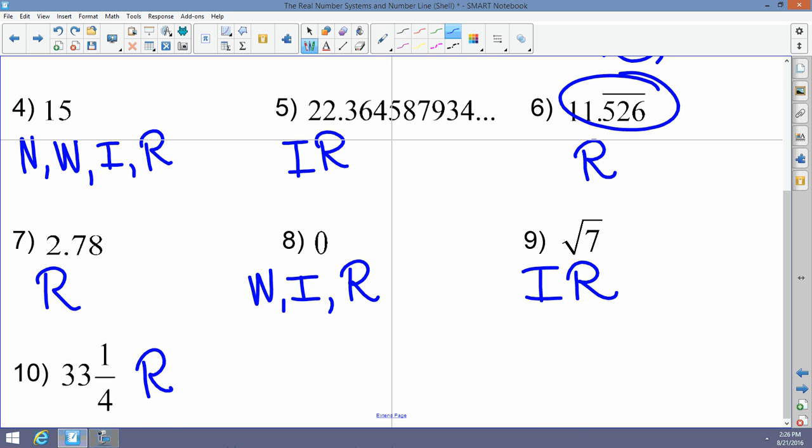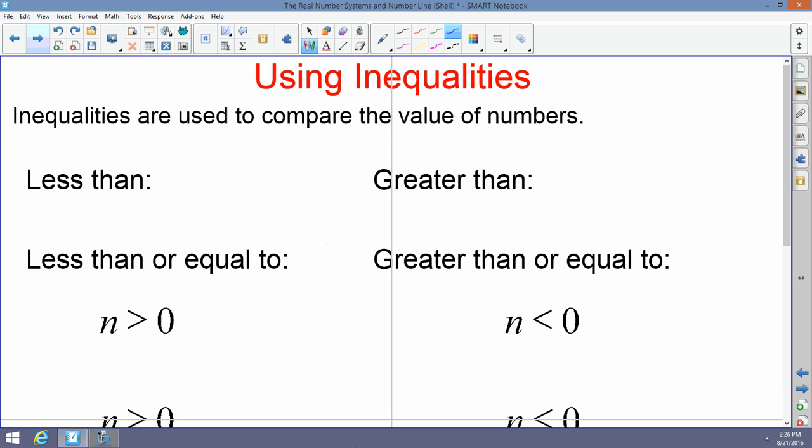Okay, let's move on. Using inequalities. Inequalities are used to compare the value of numbers. You have less than, greater than, less than or equal to, or greater than or equal to. When you're using inequalities, read the inequalities both from left to right or right to left.